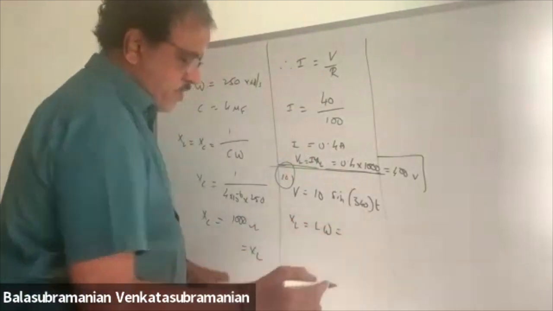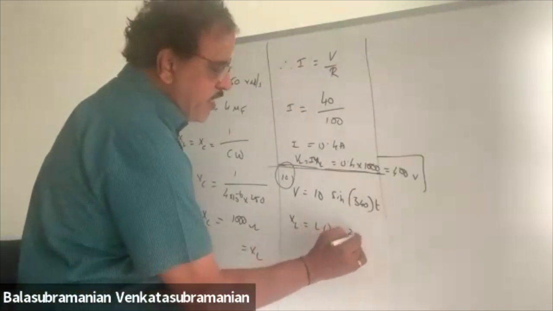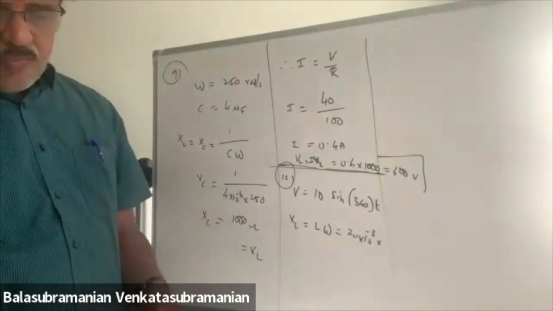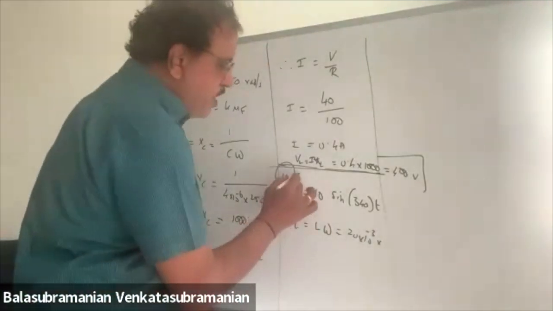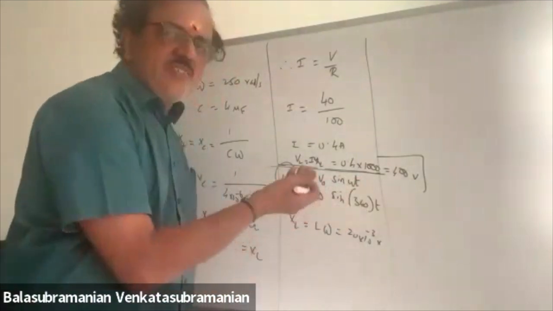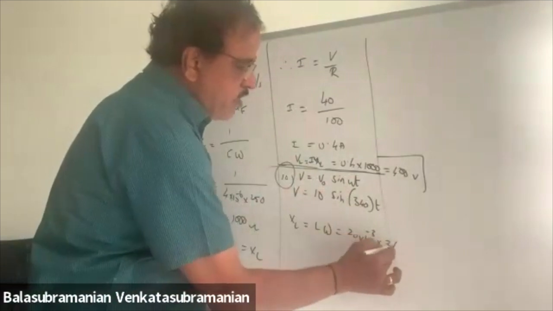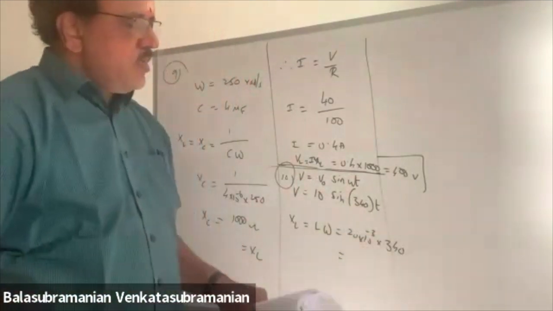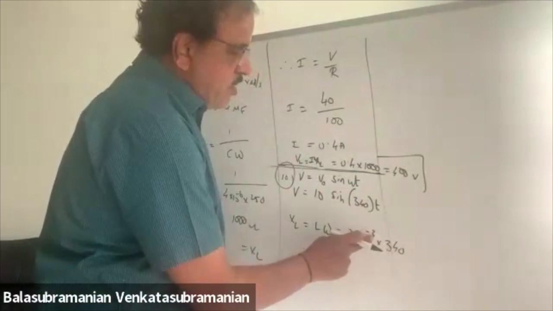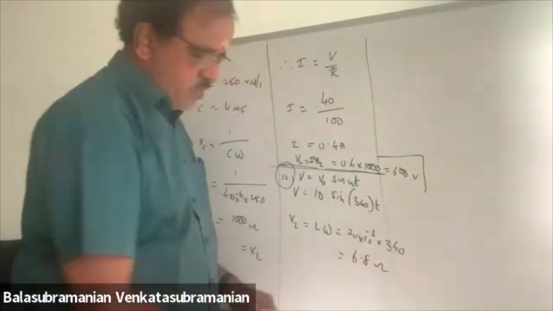First XL is L omega. What is L value? 20 millihenry, 20 into 10 power minus 3. V is equal to V naught sine omega t. This is the basic equation. So omega here is 340. 340 into 20 into 10 power minus 3 is 6.8 ohms.